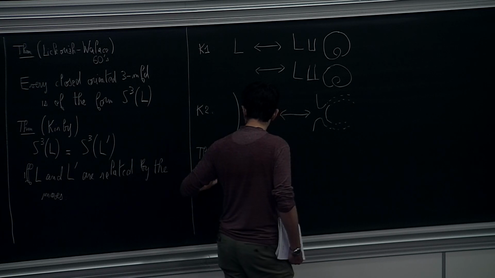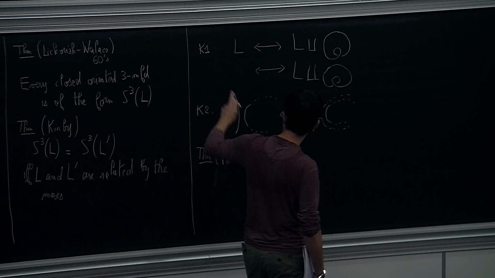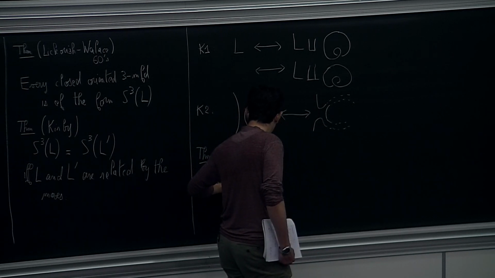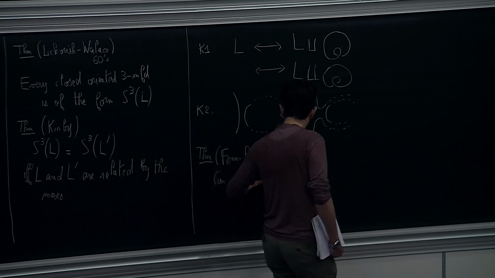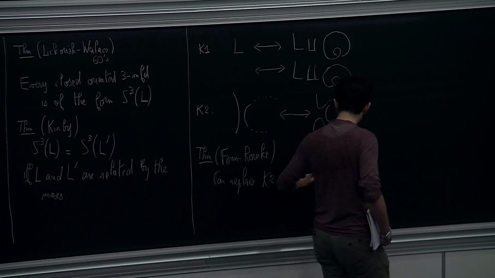So basically the first move is the same, it's K1, but we can replace the move K2 with the Fenn-Rourke move.